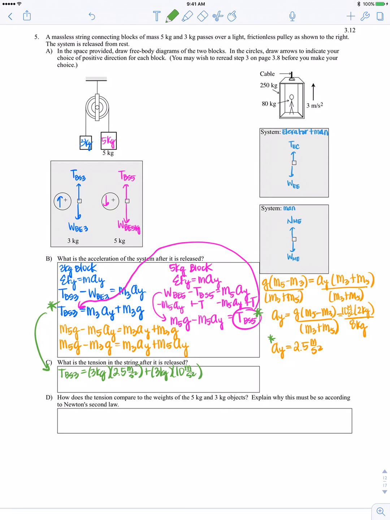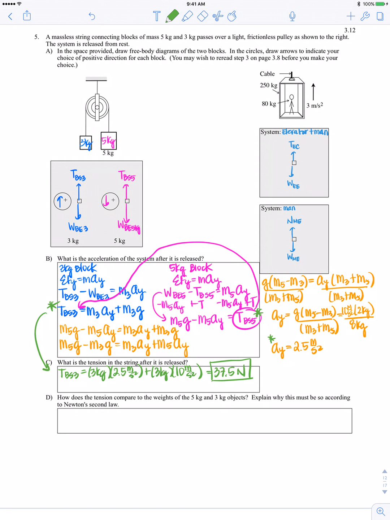That's 7.5 plus 30, which gives a tension of 37.5 newtons. You will get the same answer no matter which tension equation you solve for.